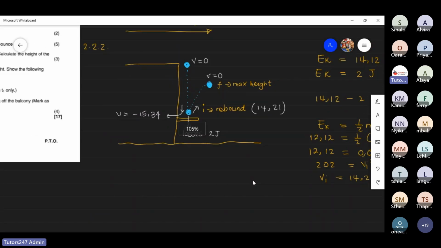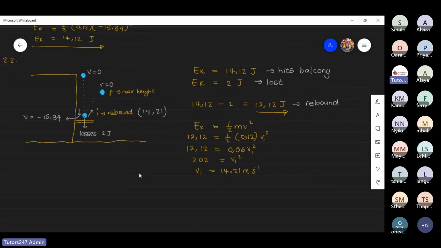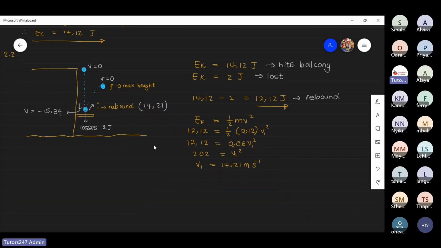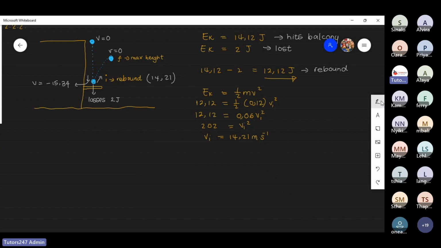What formulas out of our 4 equations of motion can we use to calculate displacement? Keeping in mind that we have initial velocity, which is the rebound velocity, and we have final velocity, which is the velocity at maximum height, and we have acceleration of negative 9.8. So let's make a list of our formulas. I'm going to exclude all the formulas that have time in them.